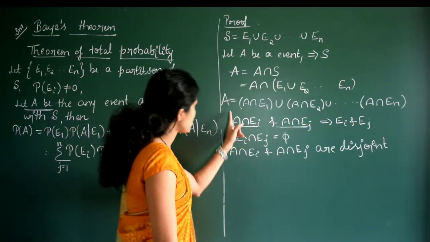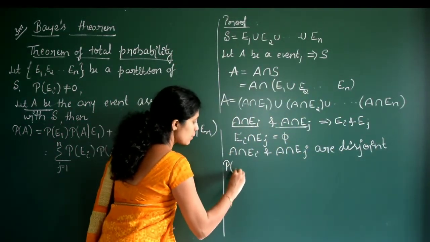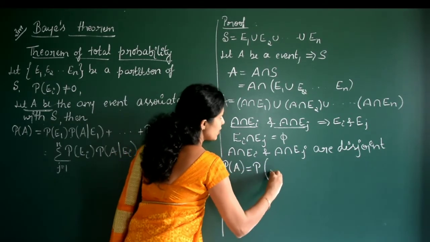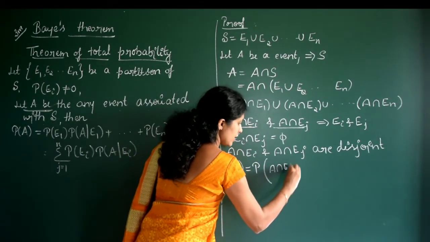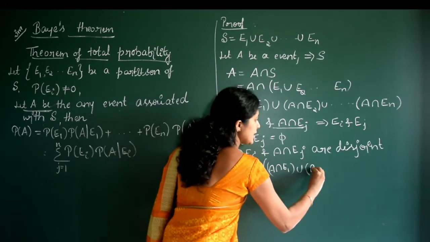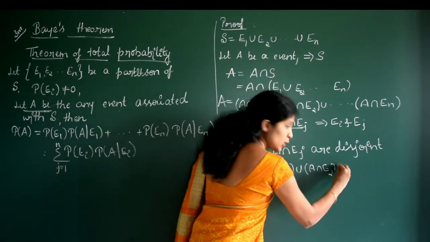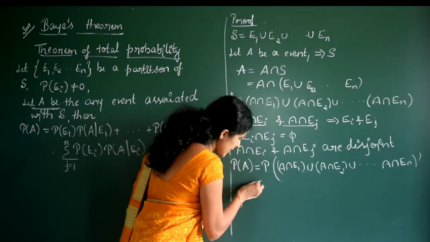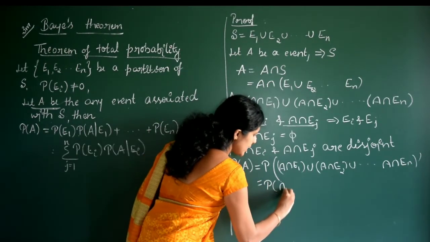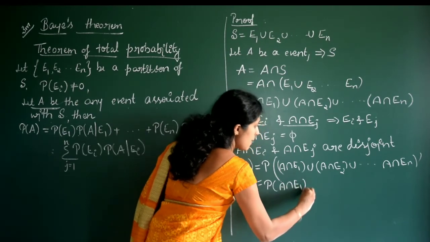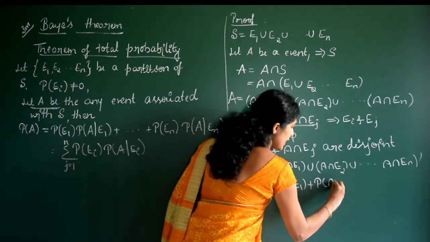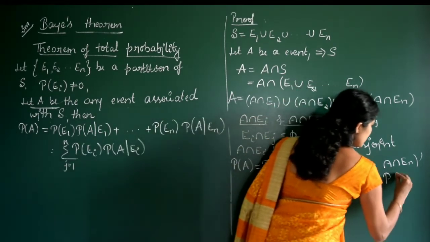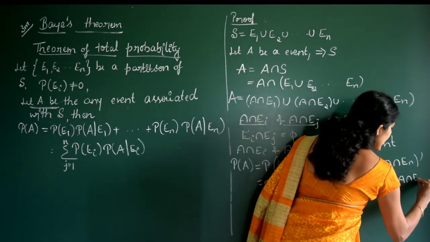By using this, we can find the probability. Probability of A is equal to probability of A intersection E1 union A intersection E2 union A intersection En. This can be written as probability of A intersection E1 plus probability of A intersection E2 plus, for the last term, probability of A intersection En.